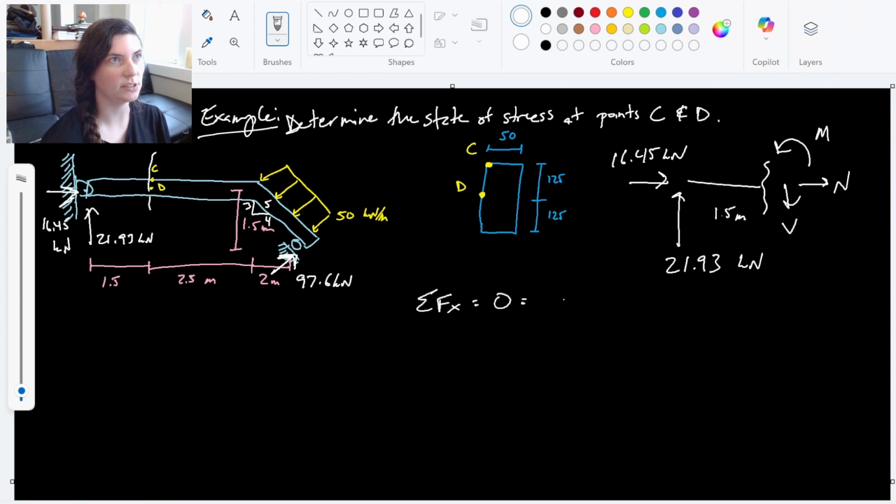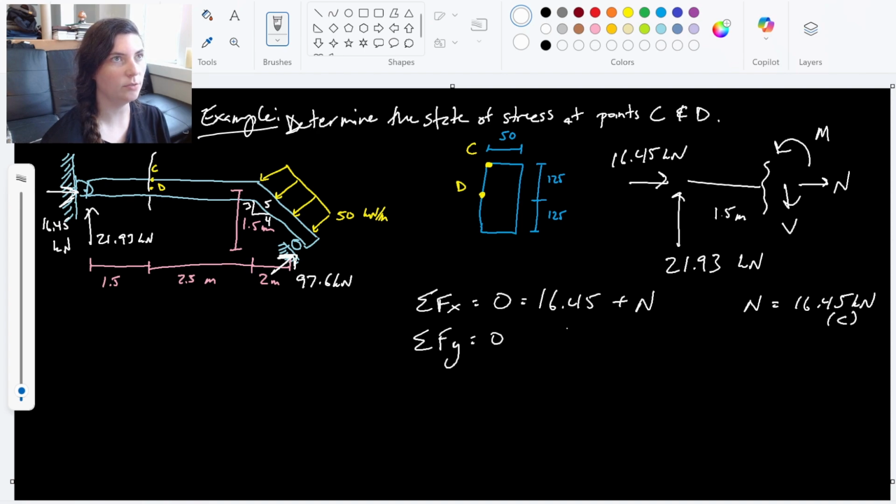So my X forces here are 16.45 plus N. So that means that my N is actually in compression. My normal force is pointing inwards. 16.45 kilonewtons. I'm just going to put a C next to it to note that it's in compression. It's not actually in tension as I'm showing it here.